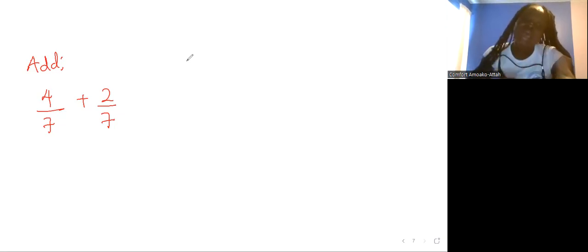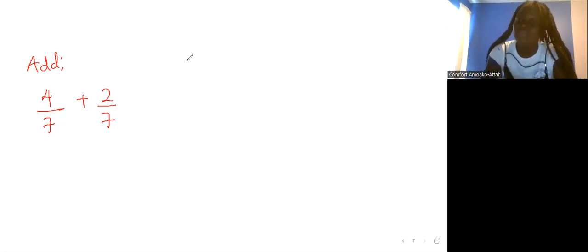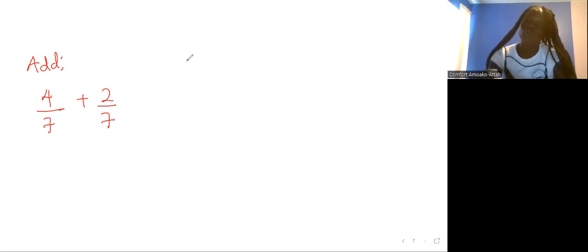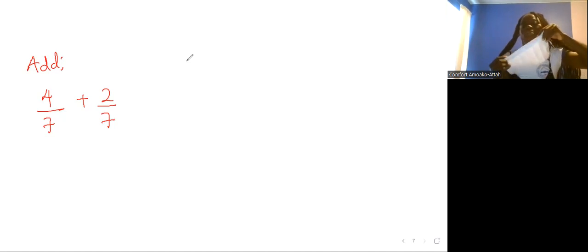Then how do we add the 2 out of 7 to this? So as we did in the first example, on the same sheet of paper, you further fold it into 7 equal parts vertically. Okay, you now fold it into 7 equal parts vertically.